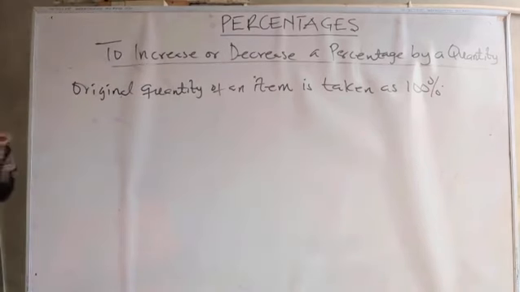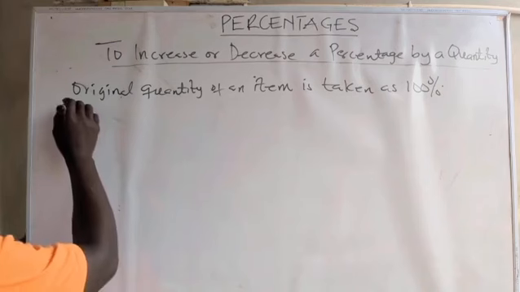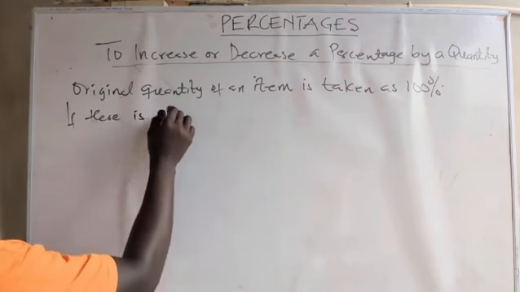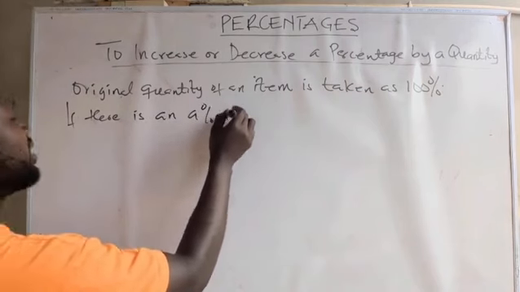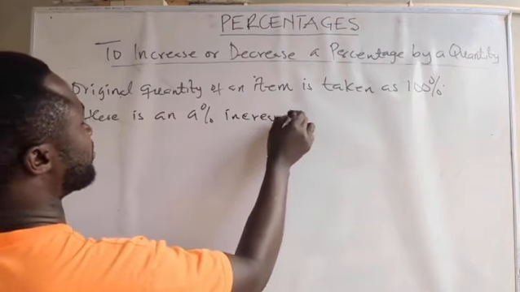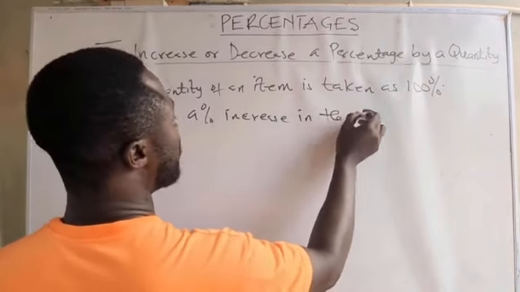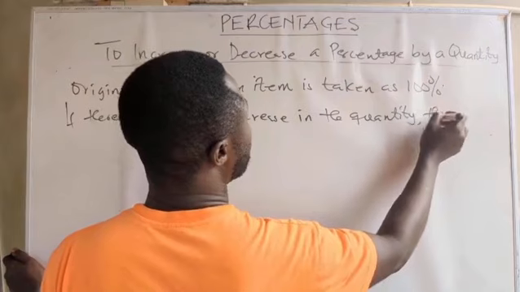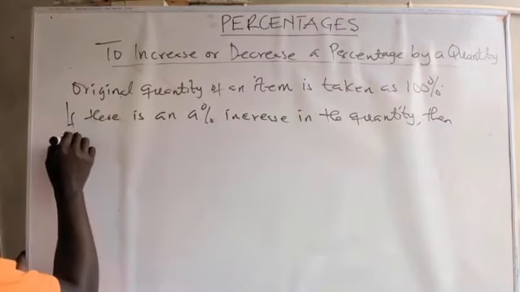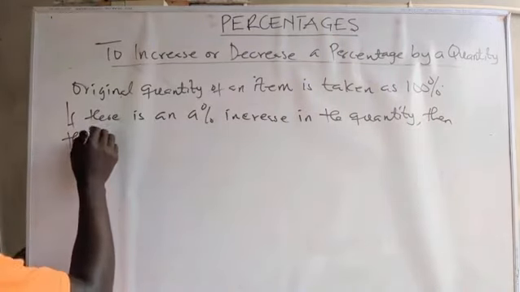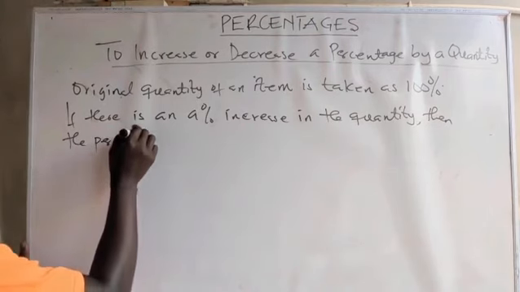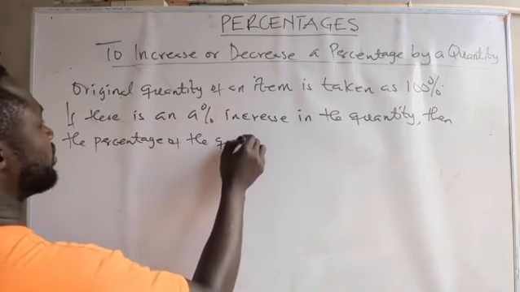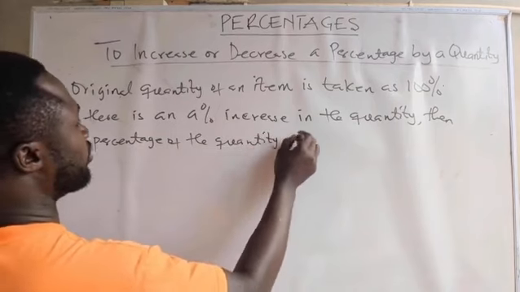Then if there is an A% increase in the quantity, then the percentage of the quantity will be equal to what?